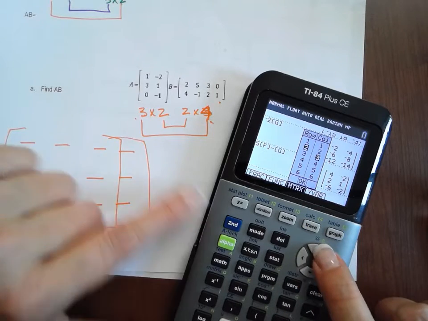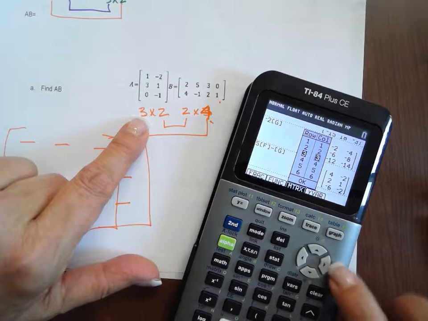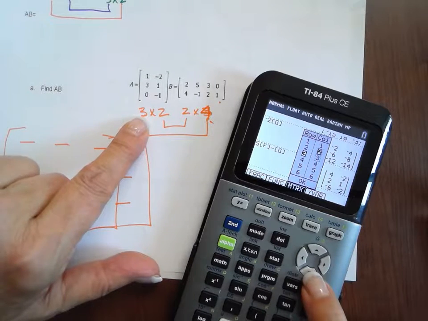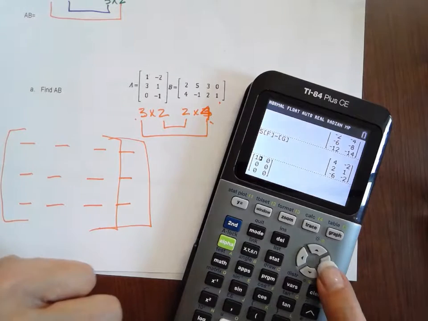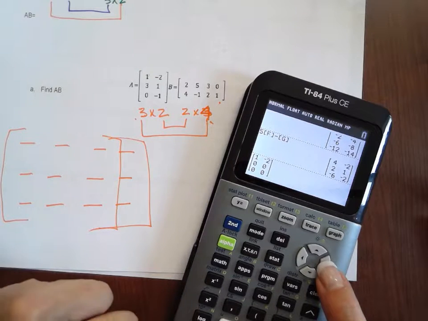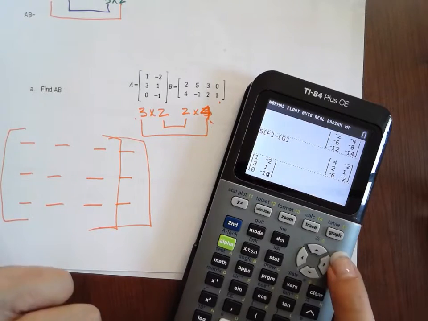All right, so the first one is a 3 by 2. Okay, and I have 1, -2, 3, 1, 0, and -1.